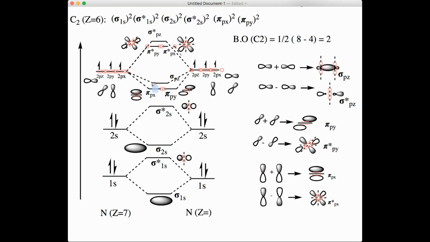Of the 3 bonding, 2 are pi and 1 is sigma because of the orientation: pi bonding, sigma bonding, PZ. And of the 3 anti-bonding, 2 are pi and 1 is sigma for the same reasons, because I am combining X with X, Y with Y, and Z with Z. The orientation of the p orbitals, which are like this, will result in sigma bonding and sigma antibonding. So 3 bonding, 3 antibonding, 2 pi 1 sigma, 2 pi 1 sigma.